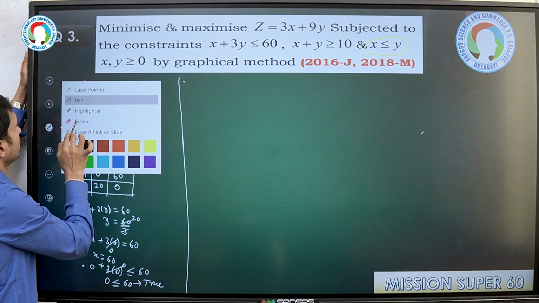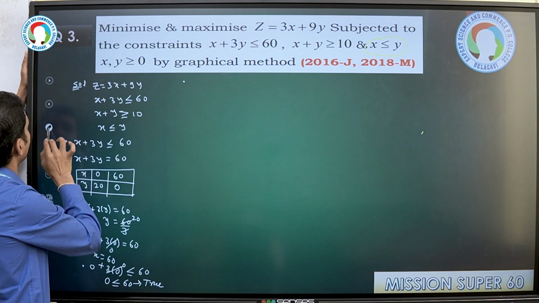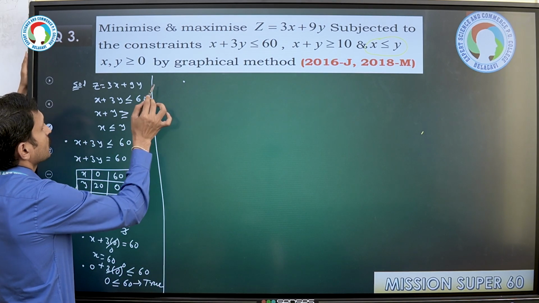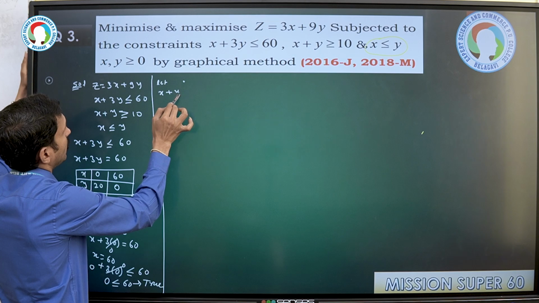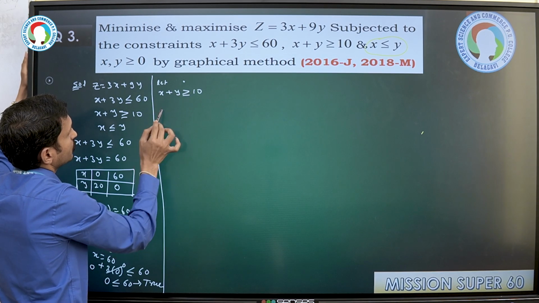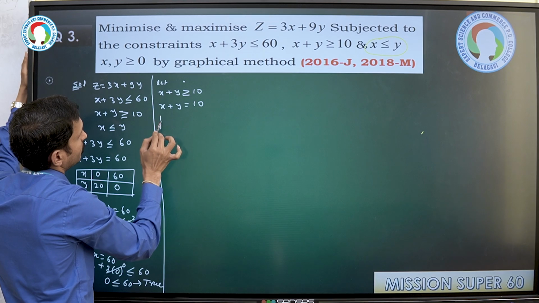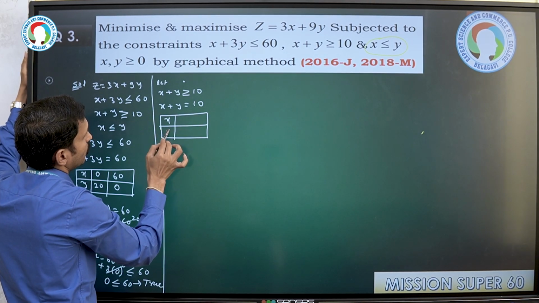After getting true, you should write the second line. Let x plus y be greater than or equal to 10. How to write x plus y equal to 10? Write one box with x and y.